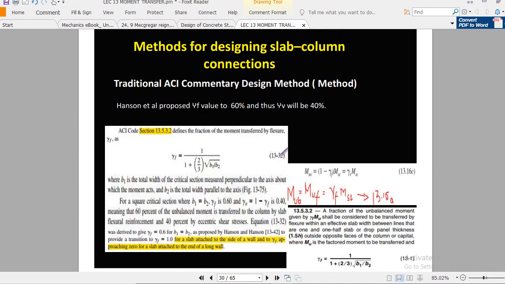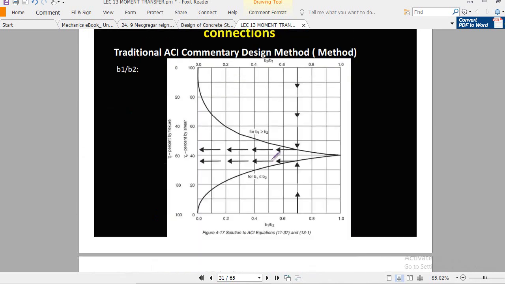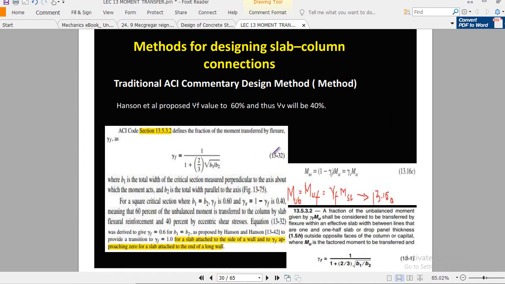Here we have, what is Muv and what is Mf. Remember, as we already discussed in lecture number 13, unbalanced moment. That unbalanced moment acts over the joint, and as we already know, at the slab-column joint, that unbalanced moment is transferred to the column.